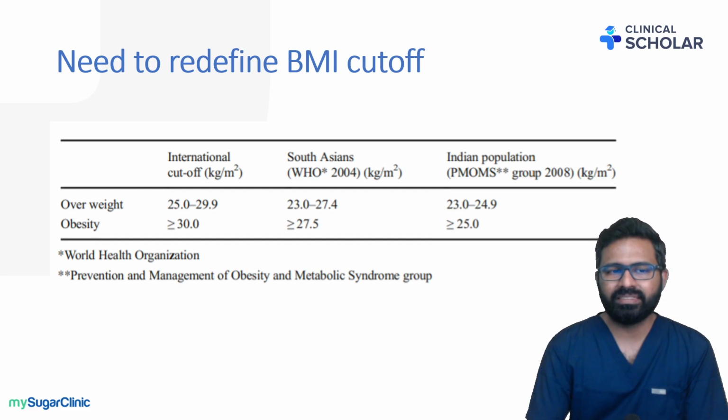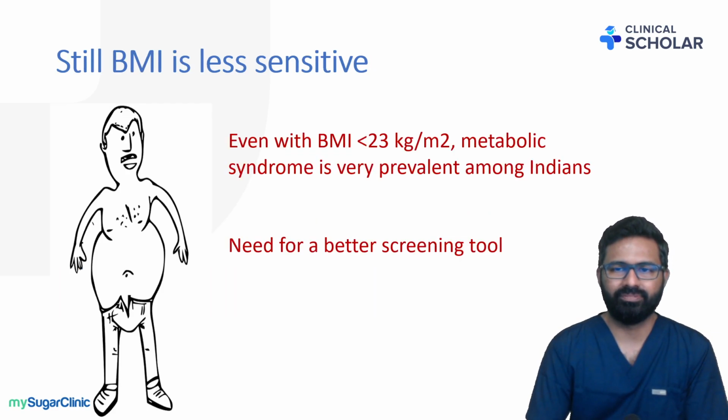For Indians, obesity means BMI more than 25 kilogram per meter square and overweight means BMI between 23 and 25. So ideally Indians should have a BMI less than 23. The international cutoff of 25 cannot be extrapolated to our population. Even with this lower BMI cutoff of 23 kilogram per meter square, it is still not that sensitive.